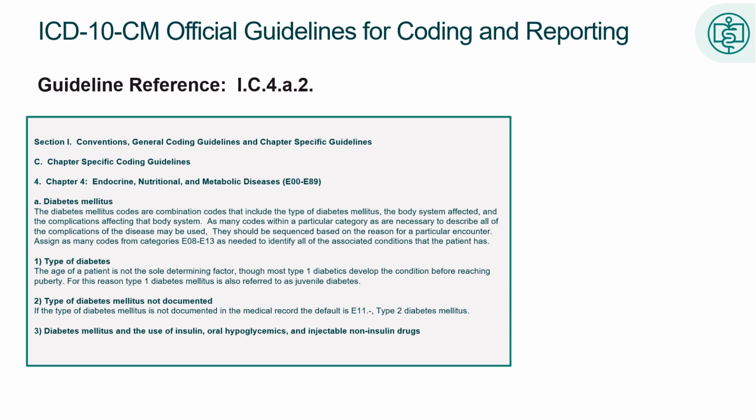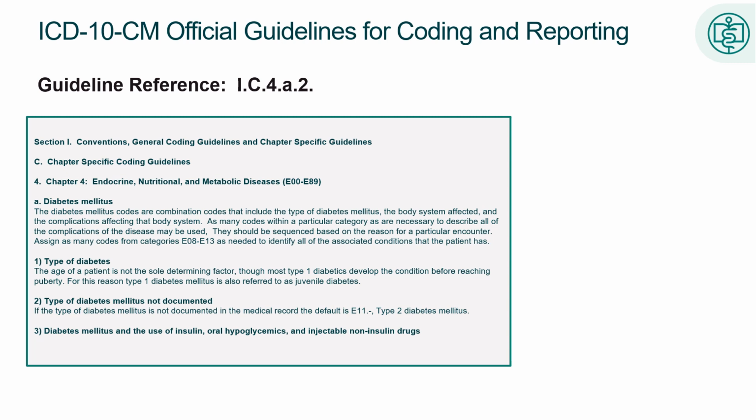To find the guideline referenced, we would first open our ICD-10 book from the AAPC year 2023 to page G3 in the beginning. We would note here that we are in Section 1 for Conventions, General Coding Guidelines, and Chapter-Specific Guidelines. We would then turn our book to page G13 to find our chapter-specific guideline for endocrine, nutritional, and metabolic disease.